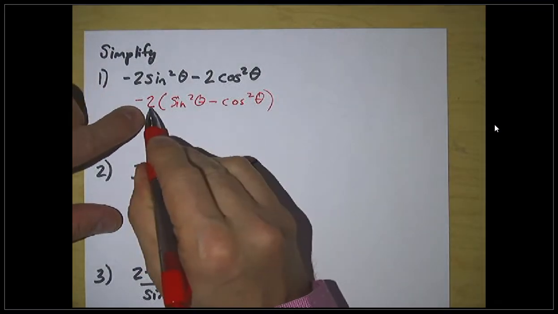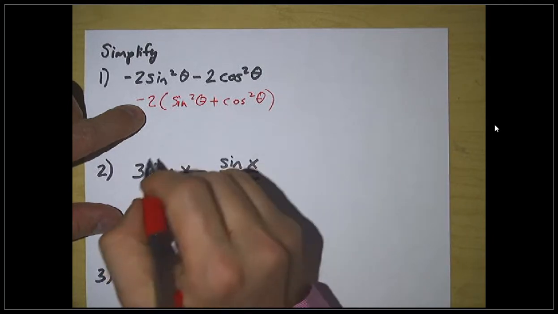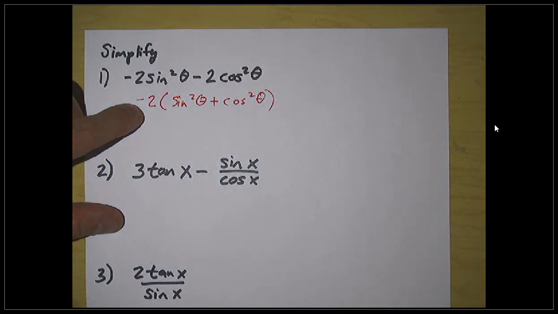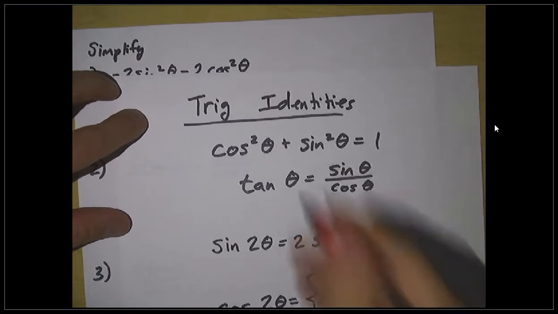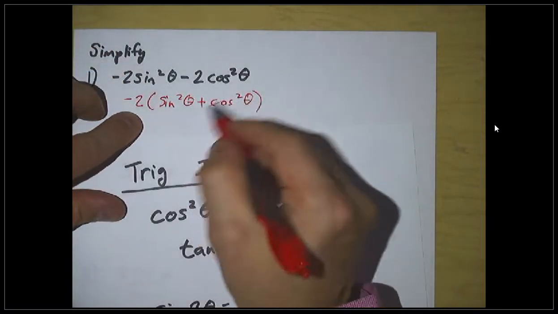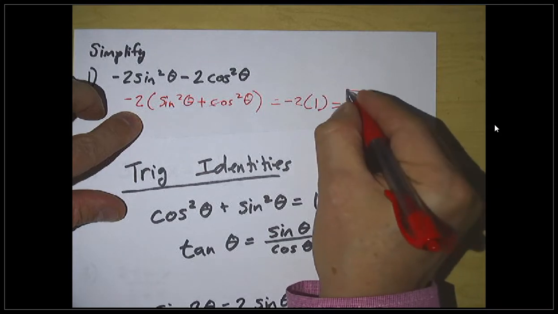I'm sorry, if I factor out a -2, I should end up with a positive cosine squared theta. Now, if I look at my identities, cosine squared theta plus sine squared theta equals 1. So all of this equals 1. I'm left with -2 times 1, which is just -2.